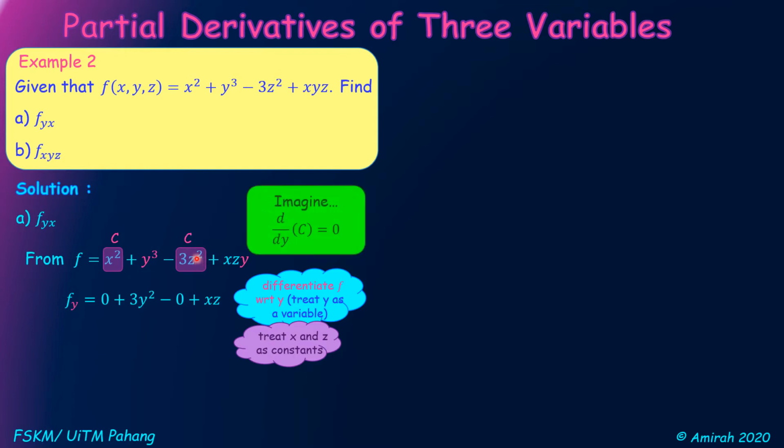When we differentiate a constant with respect to y, the answer equals 0. So that's why we get this. When we differentiate constant x squared and constant 3z squared, it equals 0.